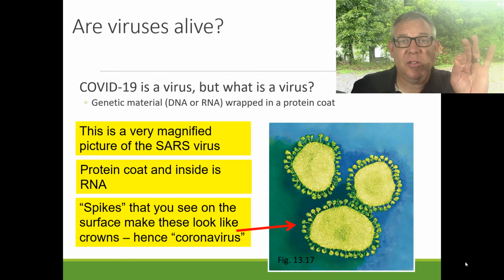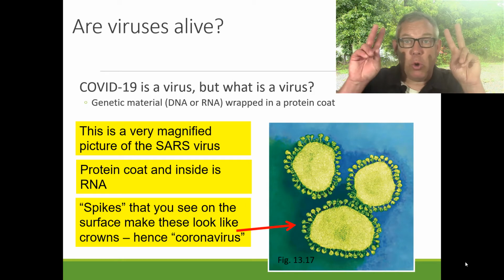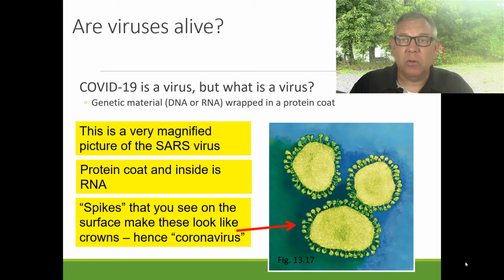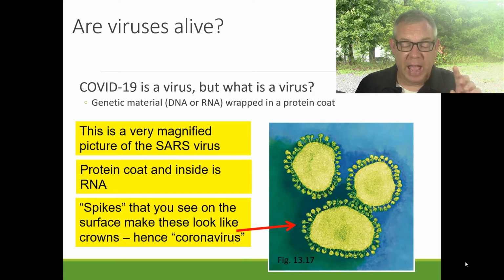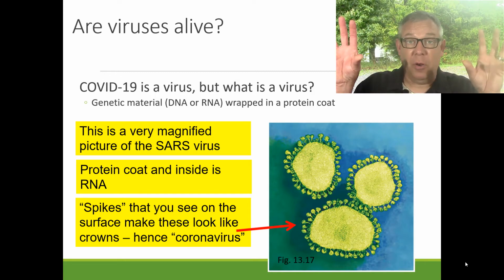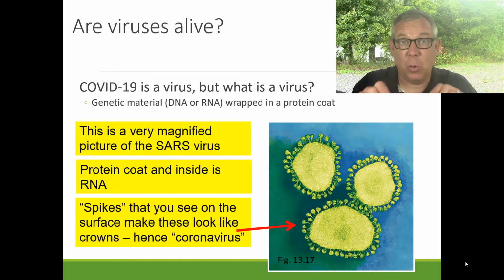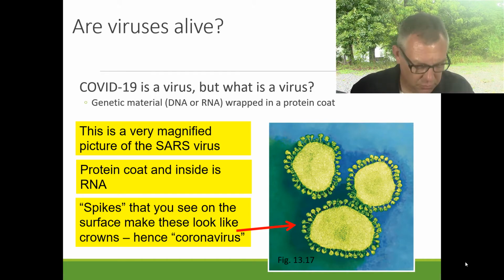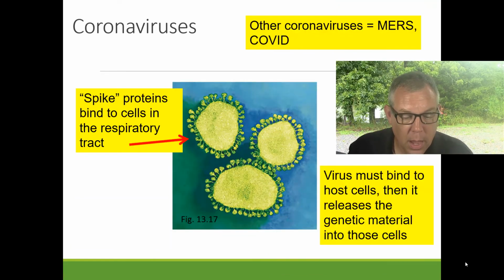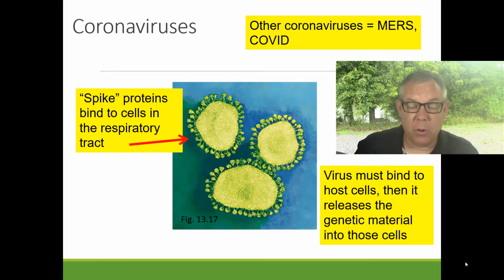And so these spikes that make the crown, they're important to how this virus functions. Now, not all viruses have these kind of spikes. Viruses have proteins on their surface, but not all of them look like this. So this is kind of what makes the coronavirus family a little unique. And so, like I mentioned, other coronaviruses, MERS, and of course COVID is a coronavirus.